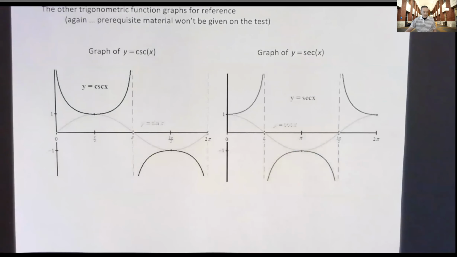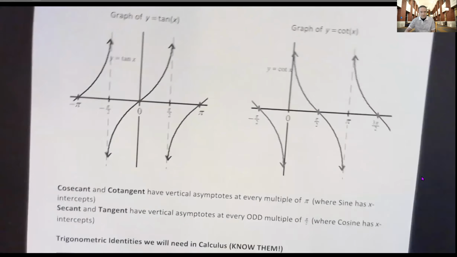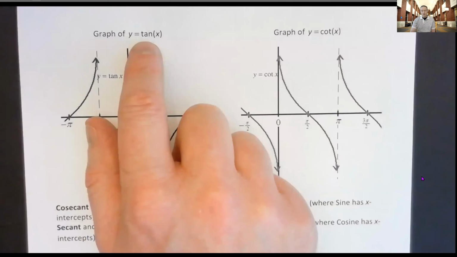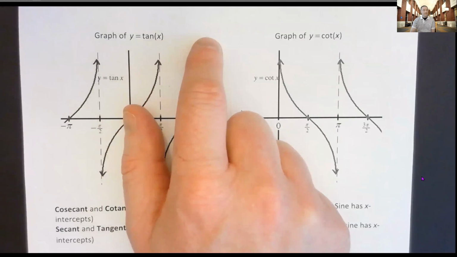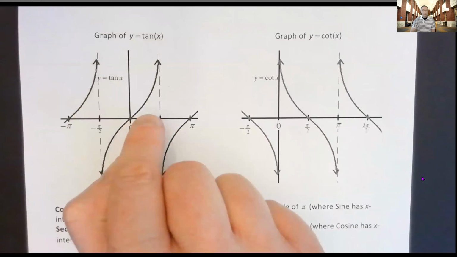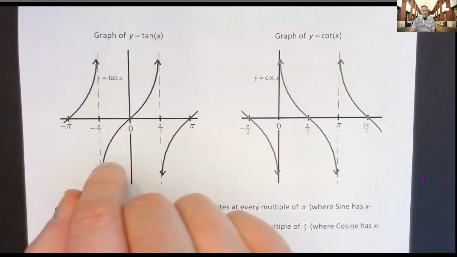Now, similarly, I could think of the graphs of tangent and cotangent. Remember, tangent is just the graph of sine over cosine. So again, it's going to have vertical asymptotes whenever the cosine is equal to 0. That's at negative pi over 2, pi over 2, 3 pi over 2, 5 pi over 2, and so forth.